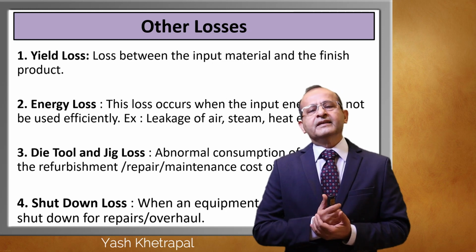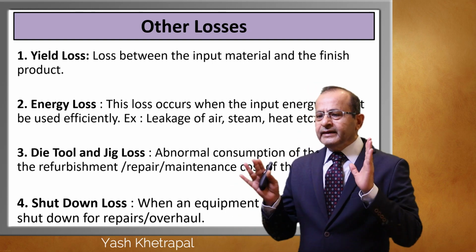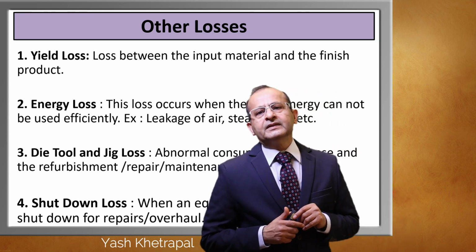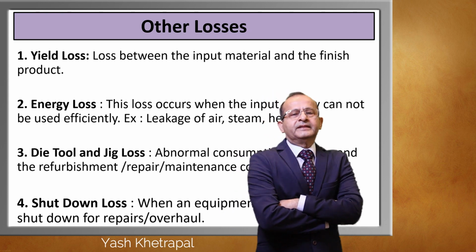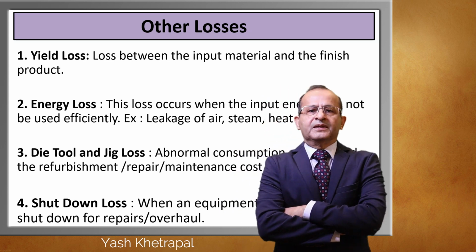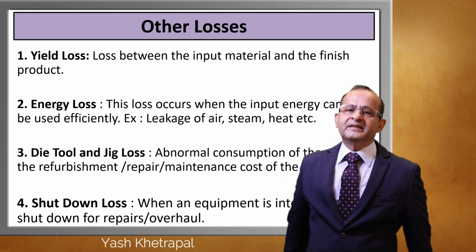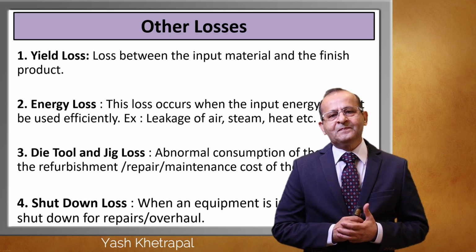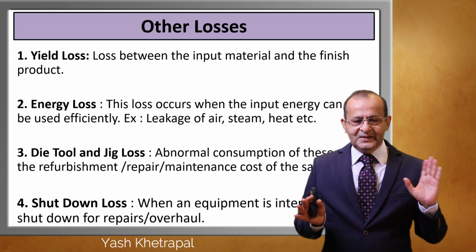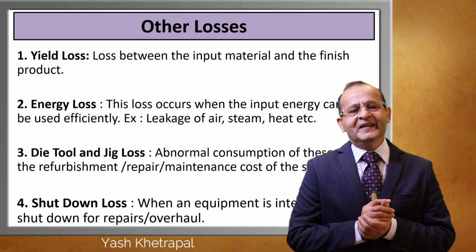Last one, shutdown losses: when the equipment is intentionally shut down for repairs or overhauls. But my friends, this shutdown loss, if possible, should be a planned shutdown, pre-planned in the annual calendar of the company. Certain Japanese companies do it once for a week in summers and once for a week in winters.